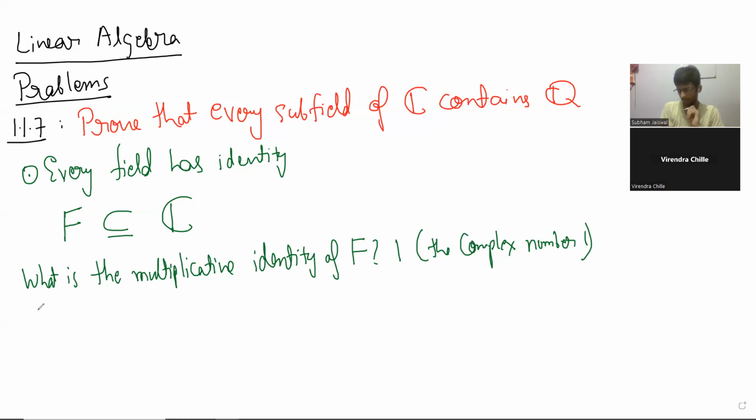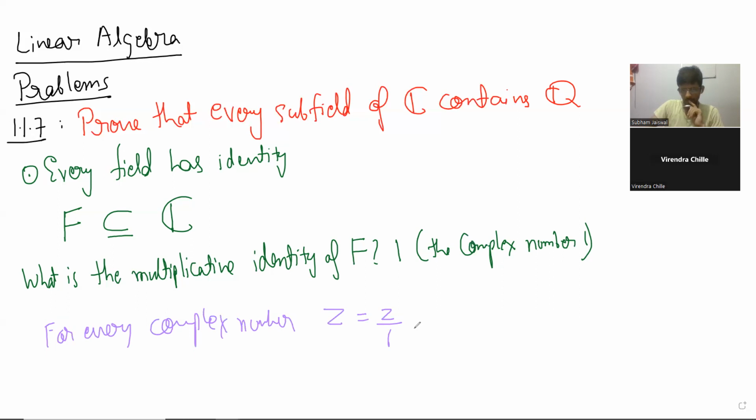For every complex number, we can write p upon 1. For every complex number, I will say z, not p. z is equal to z upon 1.